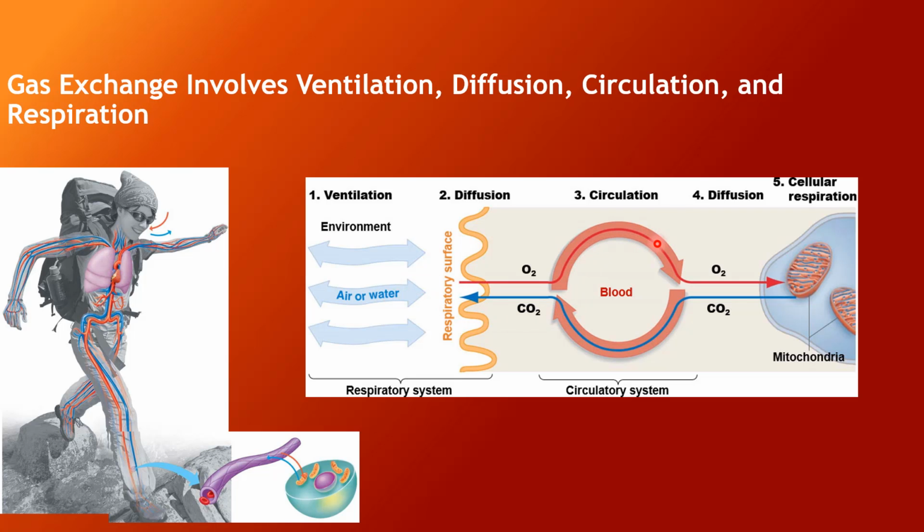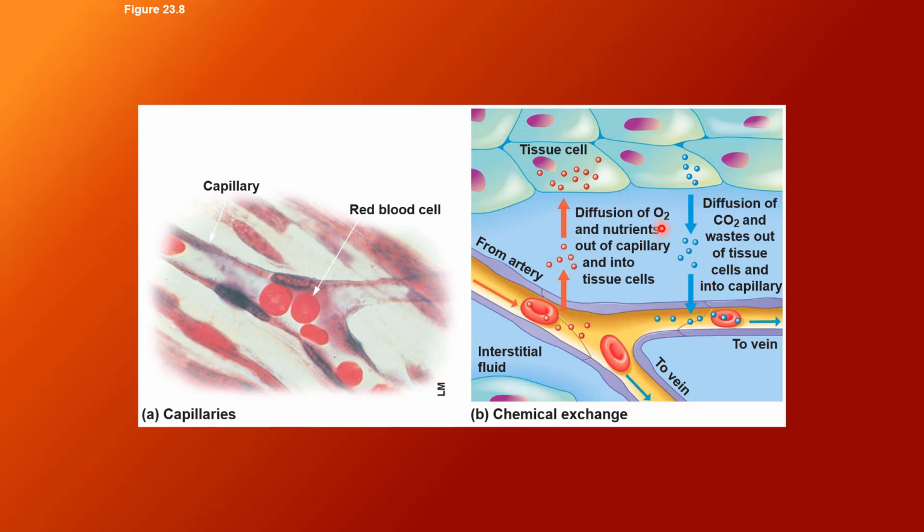Carbon dioxide, which is a waste product, is going to be exhaled out. The oxygen is delivered to the tissues at the tissue level, via diffusion, so it could be utilized in cellular respiration for ATP production by the mitochondria. So oxygen has to go through the cell membrane and diffuse in. Carbon dioxide diffuses out, is transported via the circulatory system, and is exhaled as a waste product. At the tissue level, we not only have oxygen diffusing out of the circulatory system.